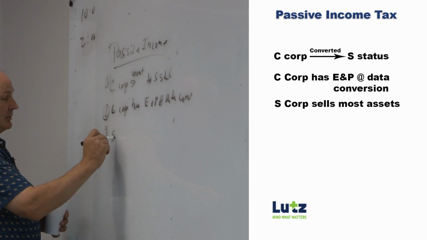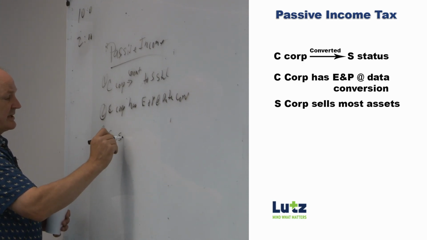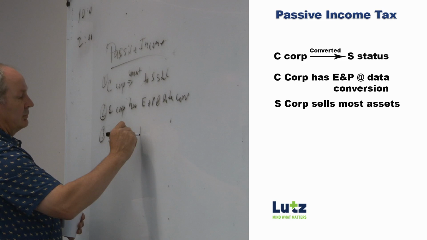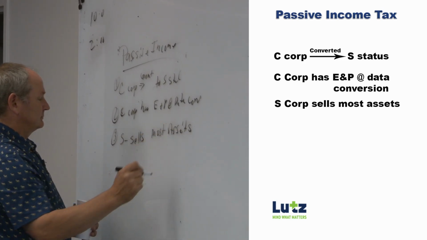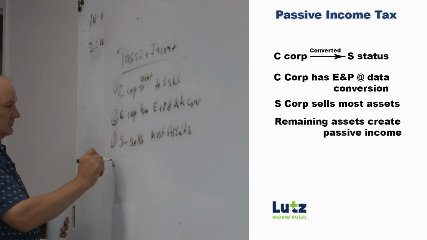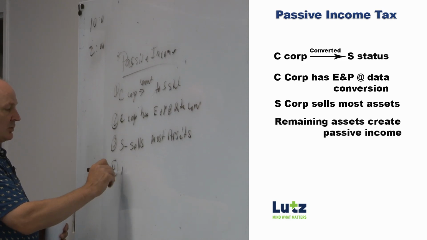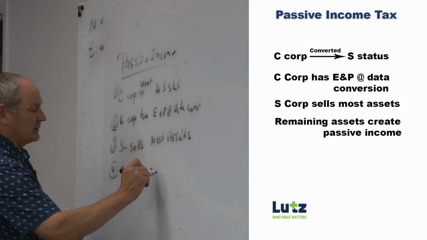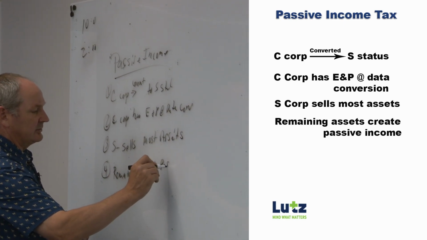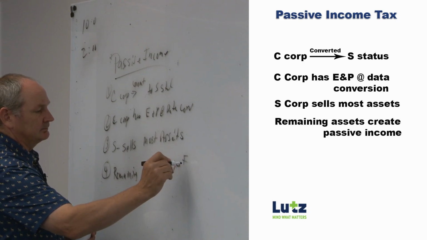The S Corp sells most assets. The remaining assets create passive income.